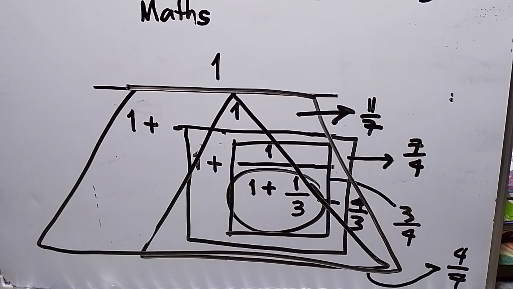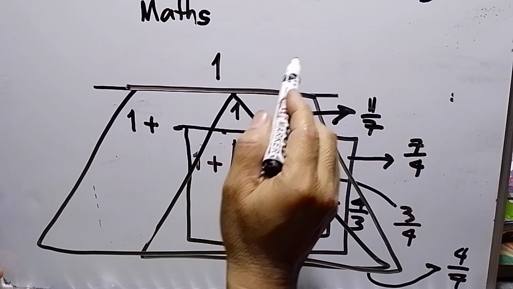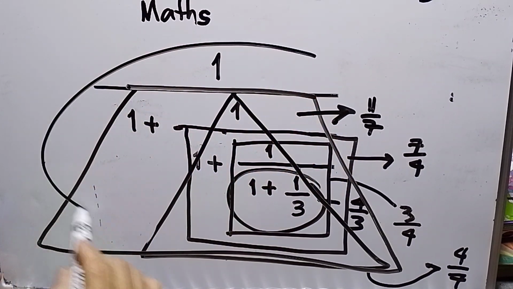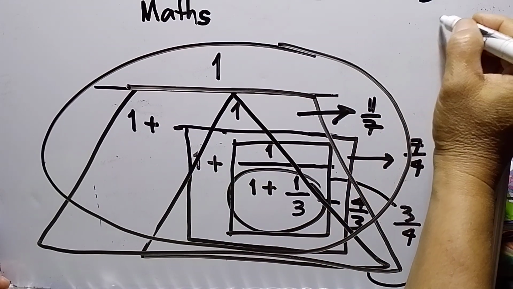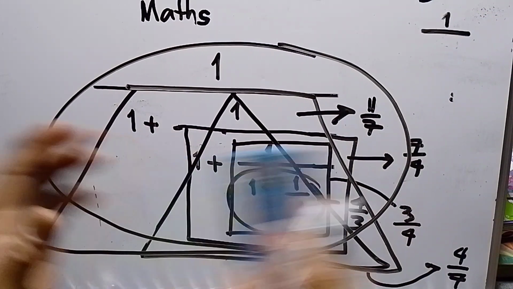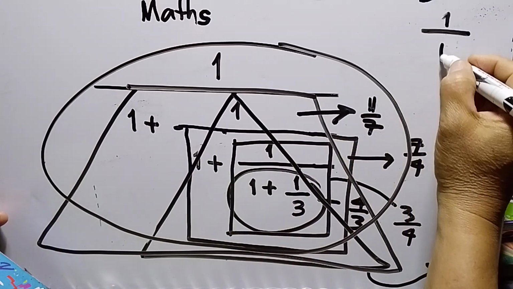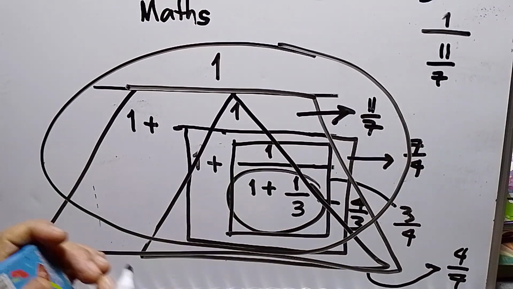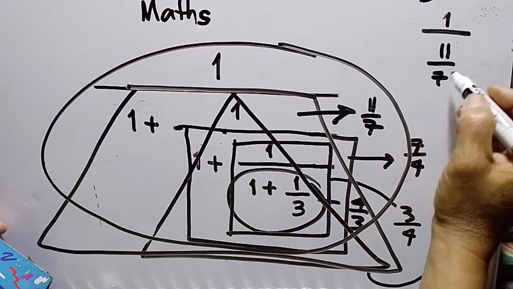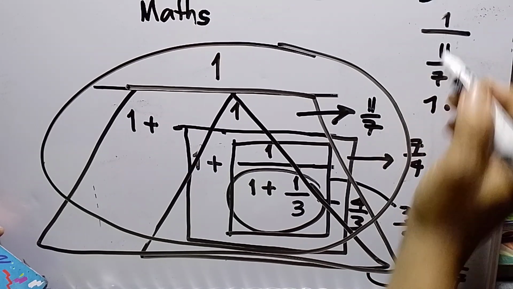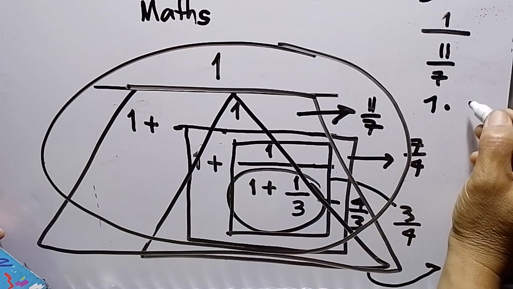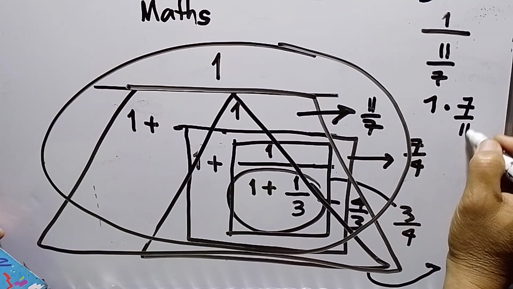Now the final, the last one. What kind of shape? This is an ellipse. So I have 1 over 11 over 7. So this will be 1 times the upside down of 11 over 7, which is 7 over 11.